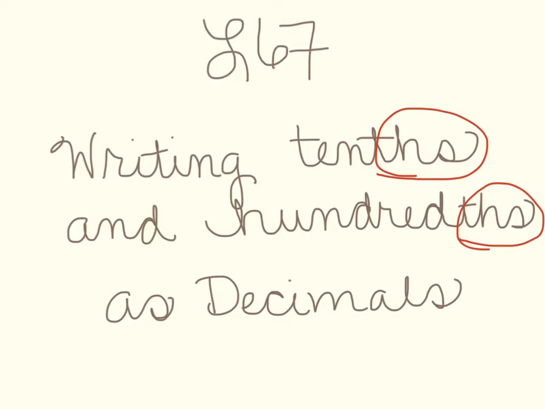We have already talked about both of these. Now we're going to work a little bit with actually writing them and fully understanding how we're going to represent them as we work with them throughout the rest of the year. So again, lesson 67, writing tenths and hundredths as decimals.